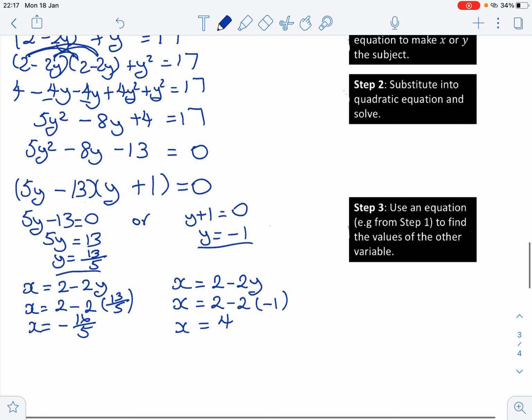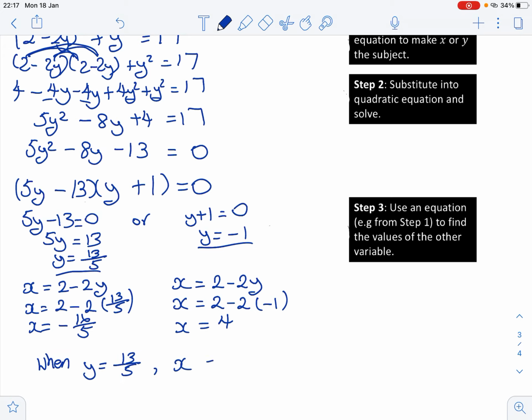So I have my solutions. When y equals 13 over 5, x equals minus 16 over 5, and when y equals minus 1, x equals 4.